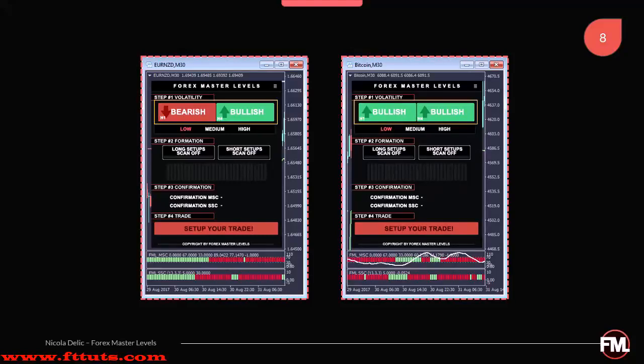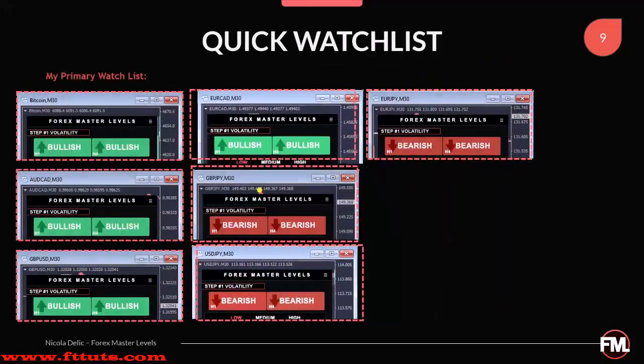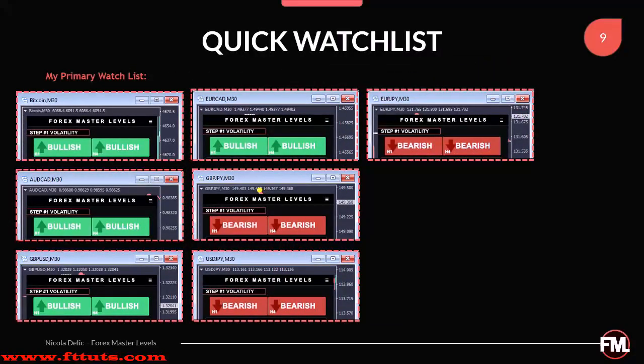So at the end, in just a few minutes, we found the best potential trades for a conservative play. So we have Bitcoin, Euro Canadian dollar, Euro Yen, Pound Yen, Aussie Canadian dollar, Pound dollar, and the Dollar Yen as the potential trades for us.